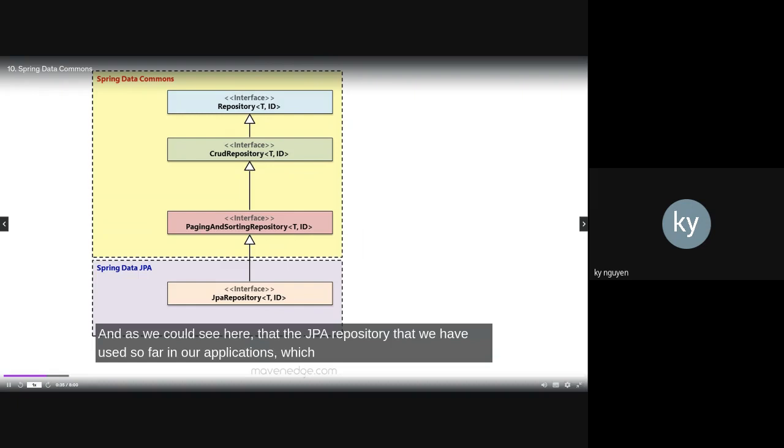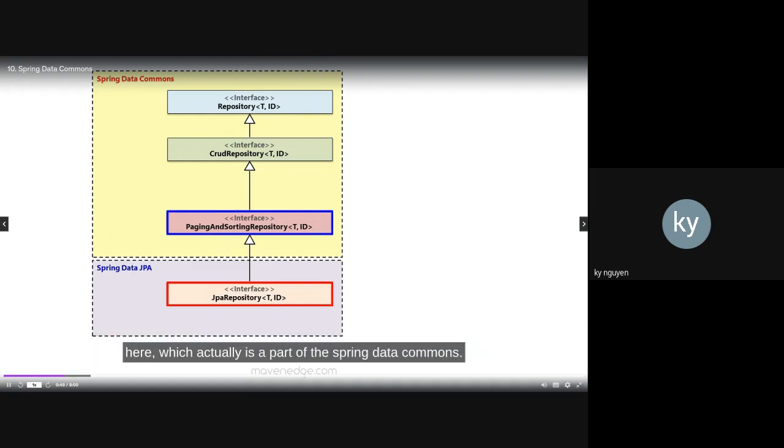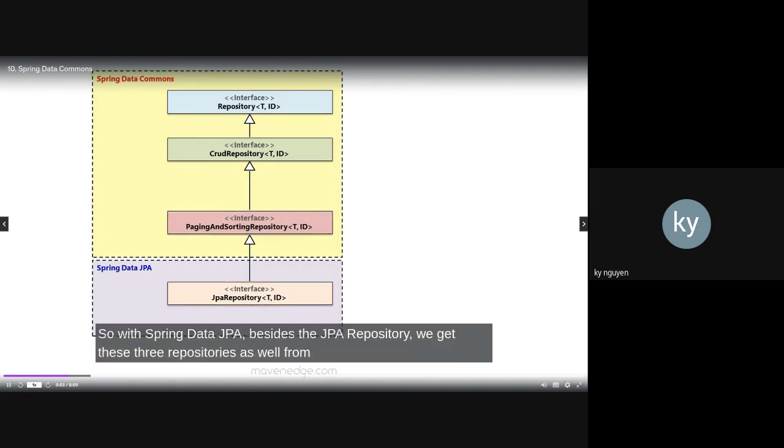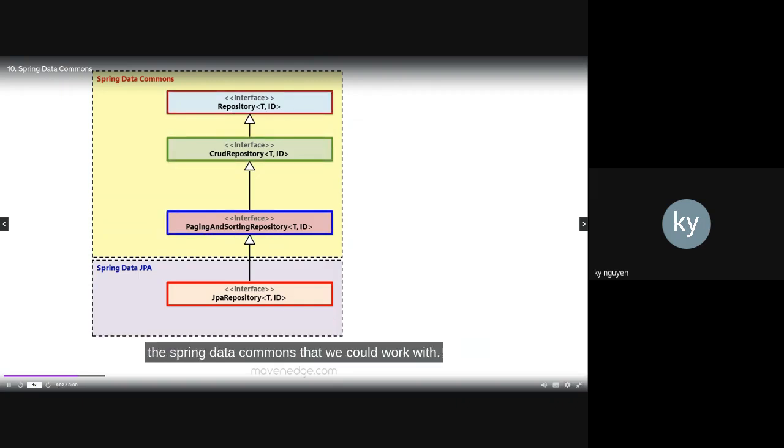And as we could see here, the JPA repository that we have used so far in our applications, which our student repository also extended from, itself extends from the PagingAndSortingRepository here, which actually is a part of the Spring Data Commons. So with Spring Data JPA, besides the JPA repository, we get these 3 repositories as well from the Spring Data Commons that we could work with.